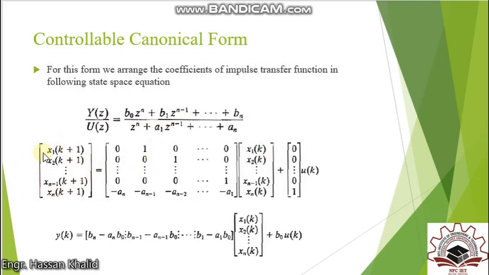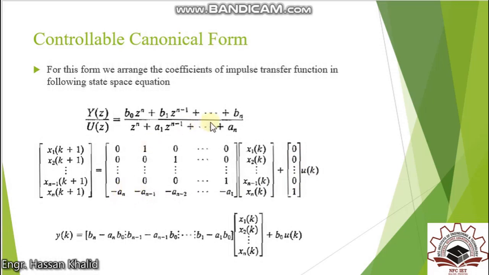This state equation represents all the states from x1 to xn in first order difference equation form, and it is equal to this G matrix multiplied by the state vector from x1 to xn, plus the input vector multiplied by u of k.